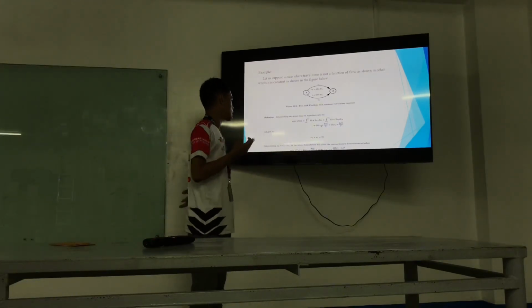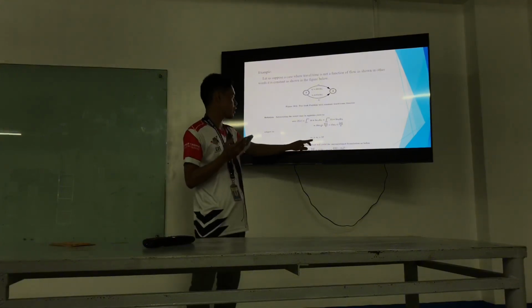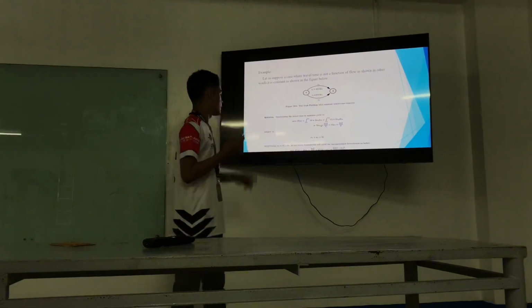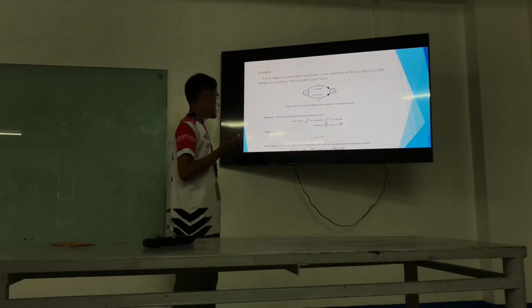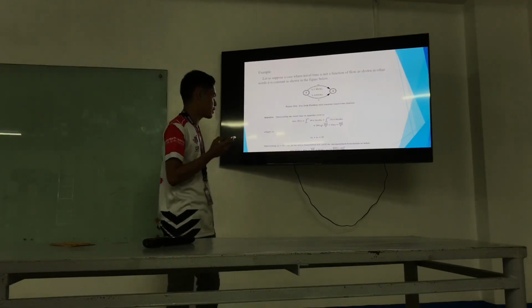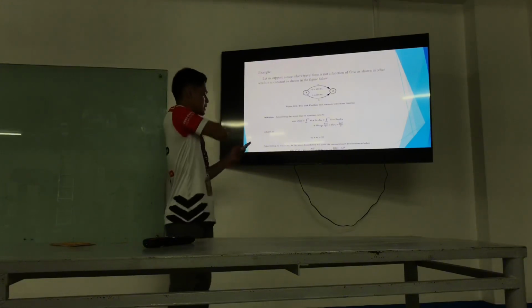This is subject to x sub 1 plus x sub 2 is equal to 12. Substituting x sub 2 equal to 12 minus x sub 1 in the above function will yield the unconstrained formulation as below.